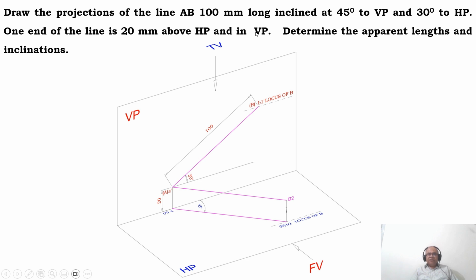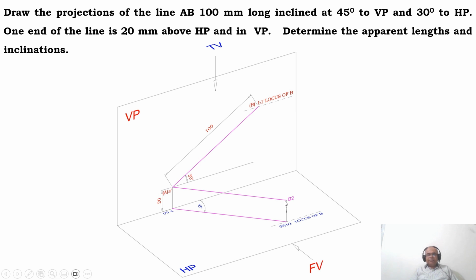So this point is in the vertical plane. When you look from the front view, I can see the distance above HP of 20 mm. From this point, you are drawing a line inclined at 45 degrees to VP in three-dimensional space. That is the reason why you have A and B2. Now you know that when you look from the front view, the line is parallel to HP.